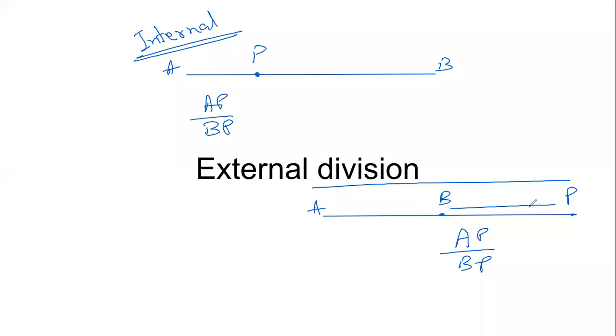So how can we find out the coordinates of the point P, if we know the coordinates of point A and point B? That is what external division is, and this can also be found out by using section formula and some basic arithmetic. Let us see how to do this.